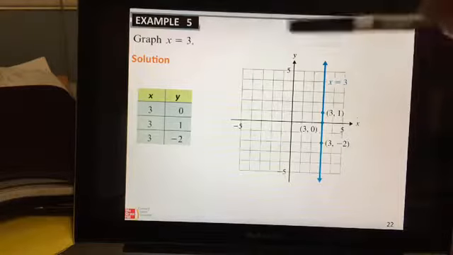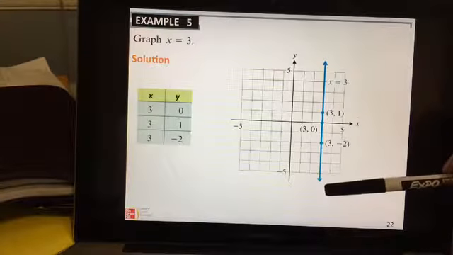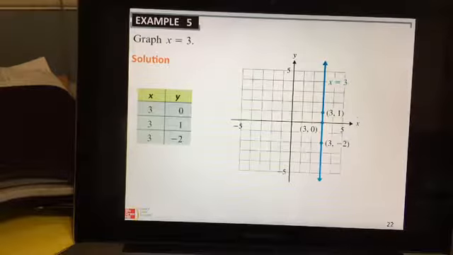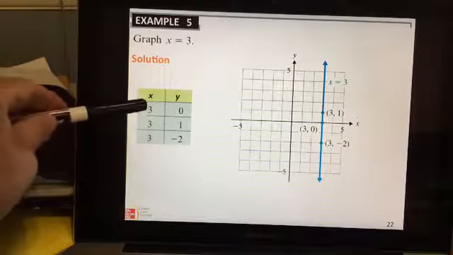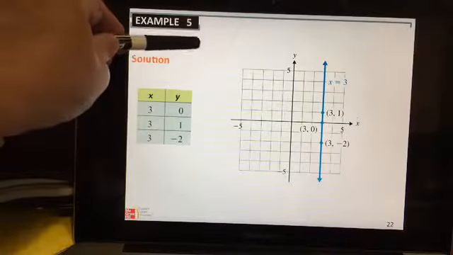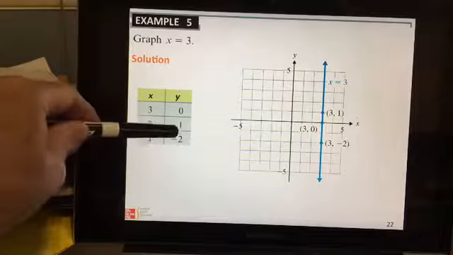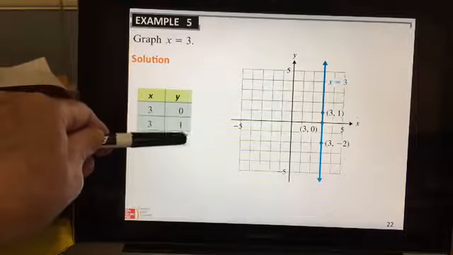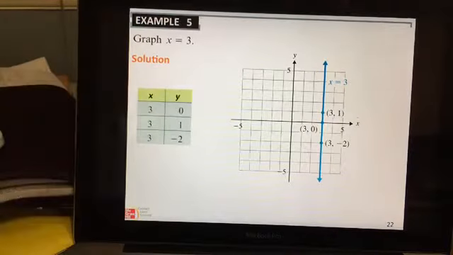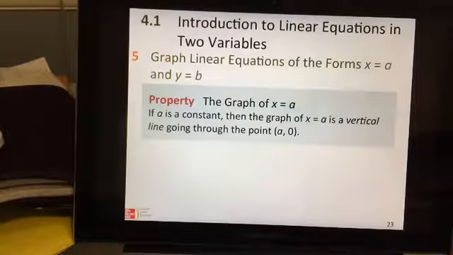So an x line winds up being a vertical line, and we'll see in just a minute that a y line winds up being a horizontal line. But a good way to graph this line is just to put 3, 3, 3, because x is 3, in some slots here, and then replace y with any number you want to. And plot those points, and you will see that it makes a vertical line.